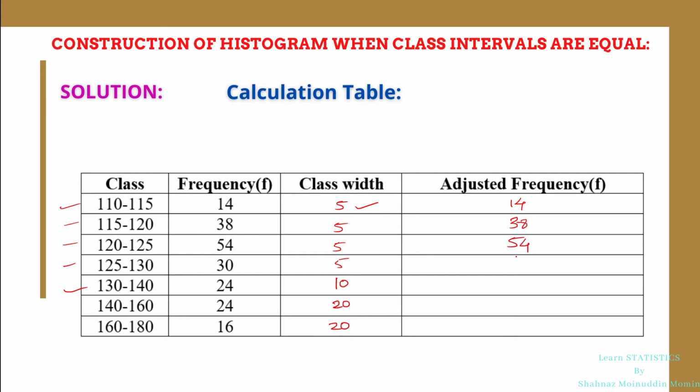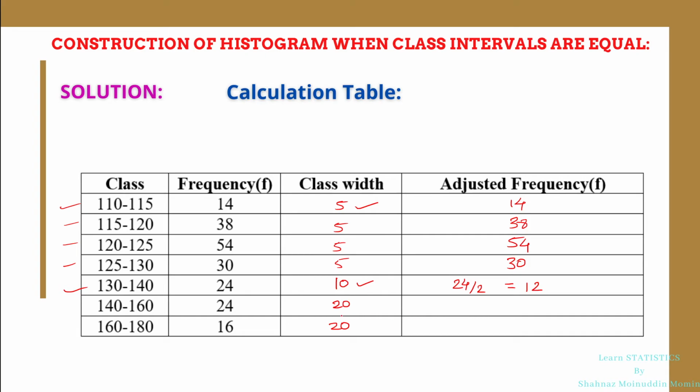54, 30. Since the next class has double width, I will divide its frequency by 2. It has a frequency 24, divided by 2, so it will have an adjusted frequency 12.